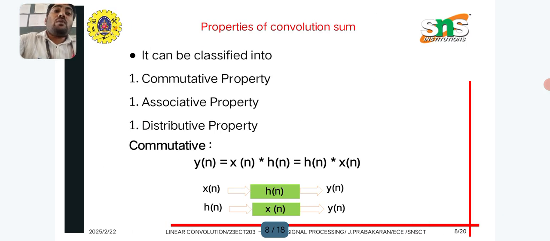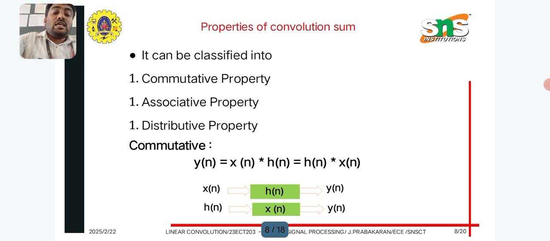There are some properties available in linear convolution. There are three properties: commutative property, associative property, and distributive property.